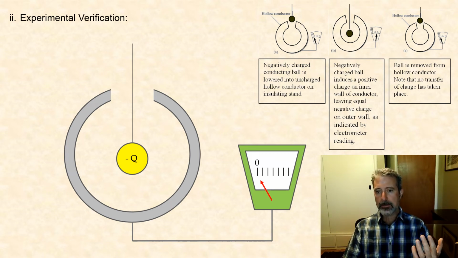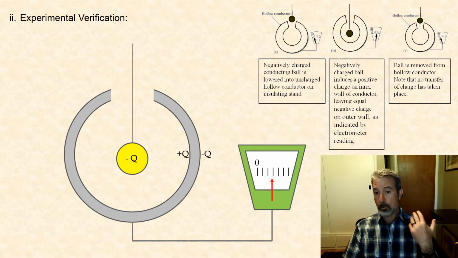And we can then infer that a charge of plus Q is induced on the interior of the conductor, and therefore a charge of minus Q, which exactly matches that of the ball, must be induced on the outer surface of the conductor, which is what the electrometer measures, and notice that gives us the electrometer reading.